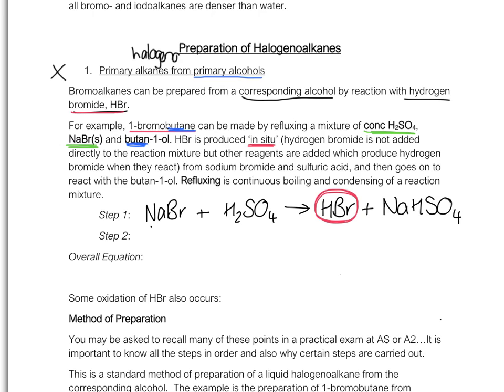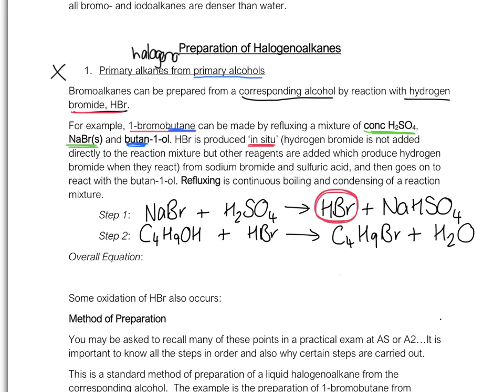So butanol, C4H9OH, plus our hydrogen bromide gives us 1-bromobutane plus water.